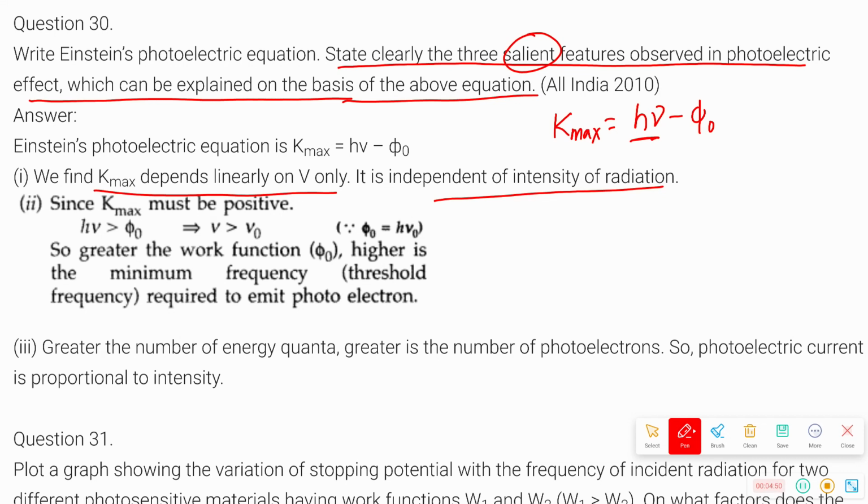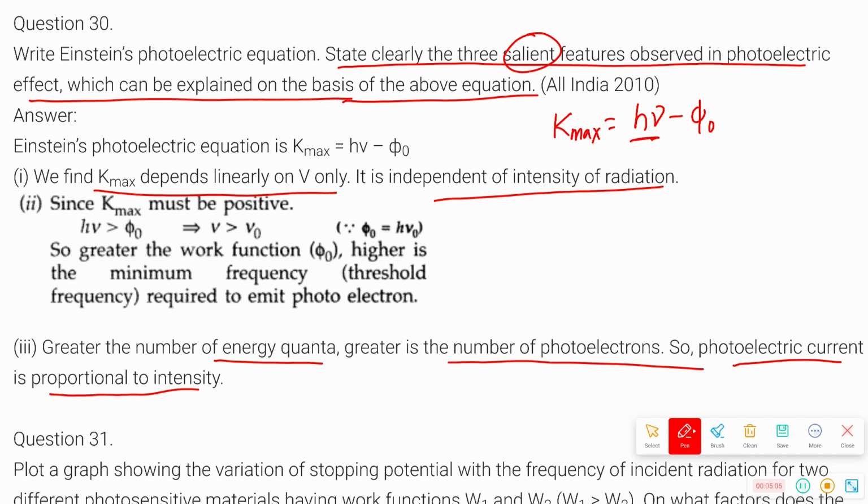Now next, the greater the number of energy quanta, the greater the number of photoelectrons. So photoelectric current is proportional to intensity. That one also you can say.